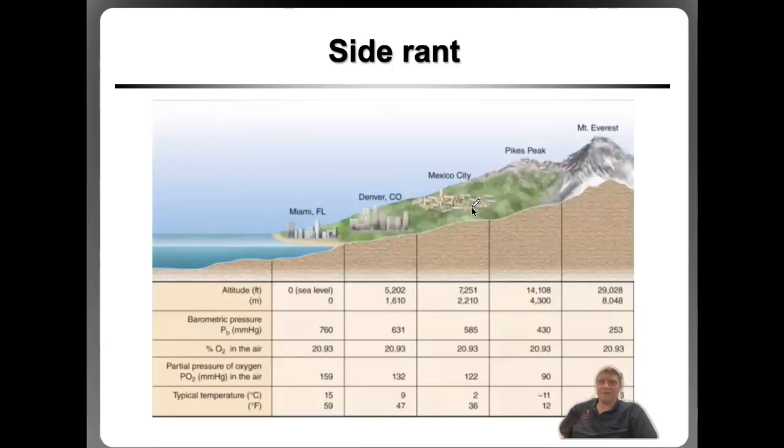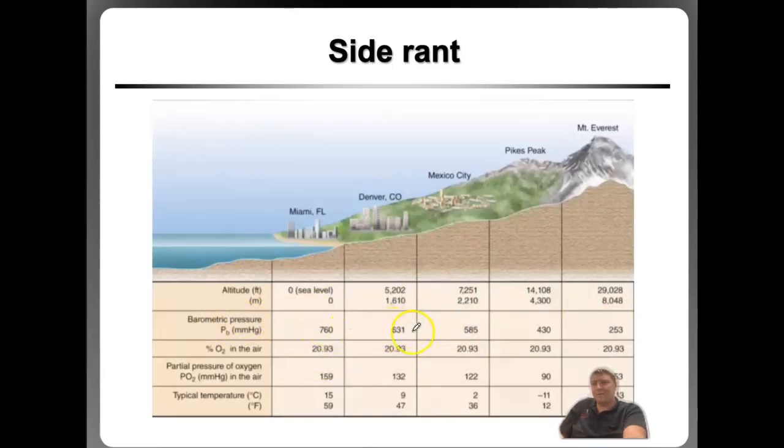For some reason I couldn't figure out why I couldn't breathe as well when I got to the top. They jokingly say the air is thinner, but it's not truly, because the percentage of air is the same no matter where you're at. What changes is the pressure around it, because at sea level it's 760.